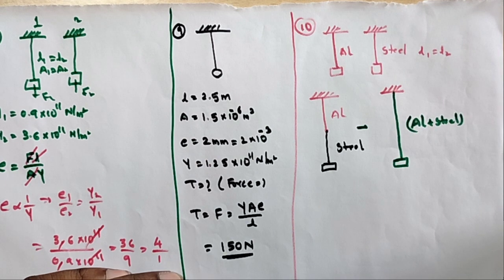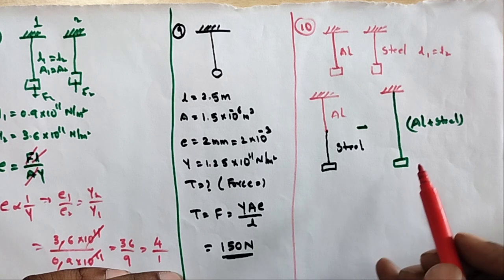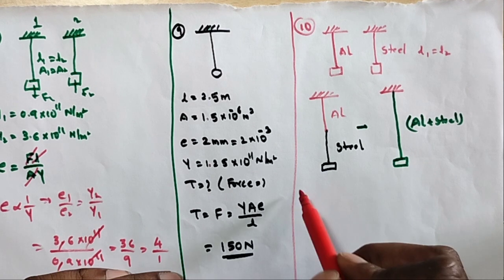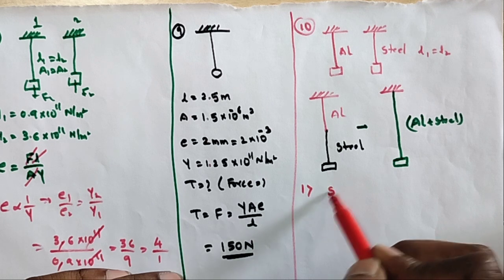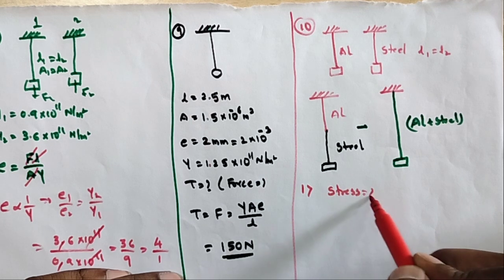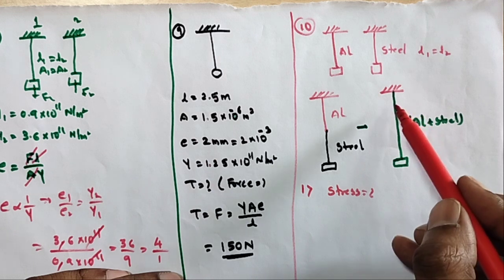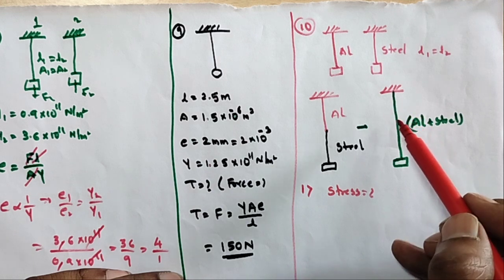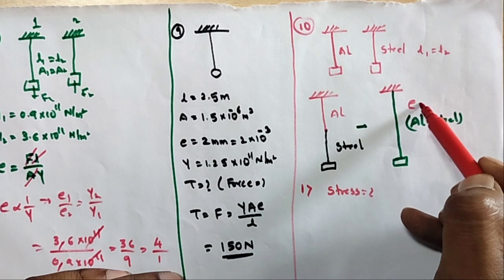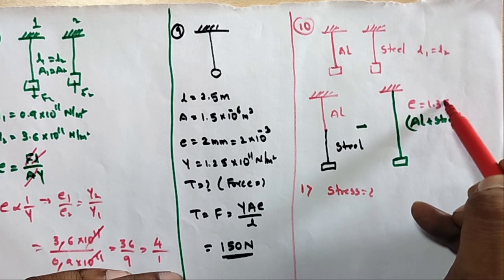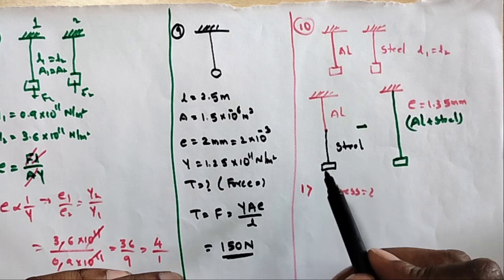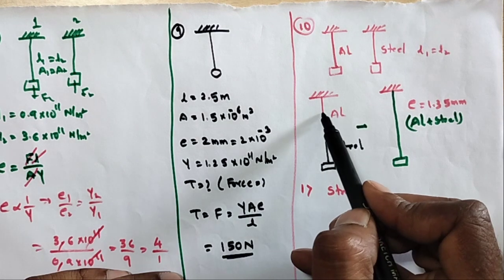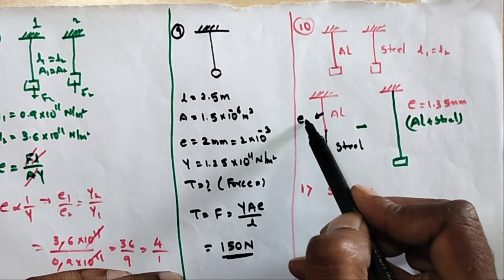Here some force is acting, so you can first calculate the stress on these rods. In this composite rod, what is the elongation? E is equal to 1.35 millimeter is given. When the weight is hanging, the aluminum expands, I don't know how much, that is E1.